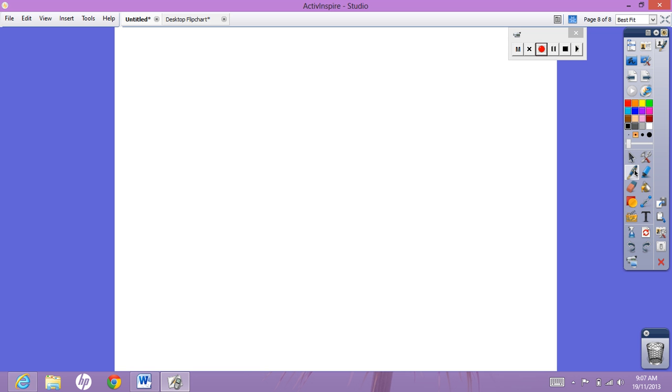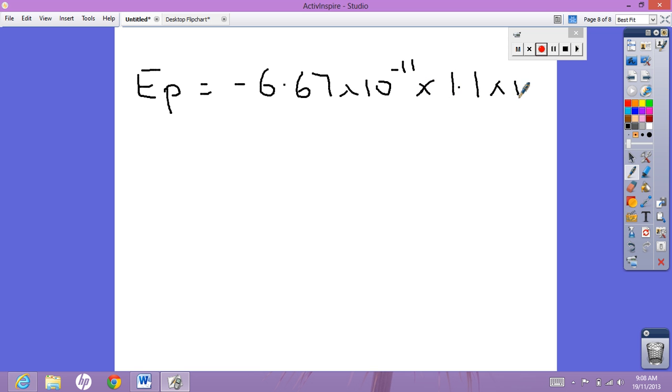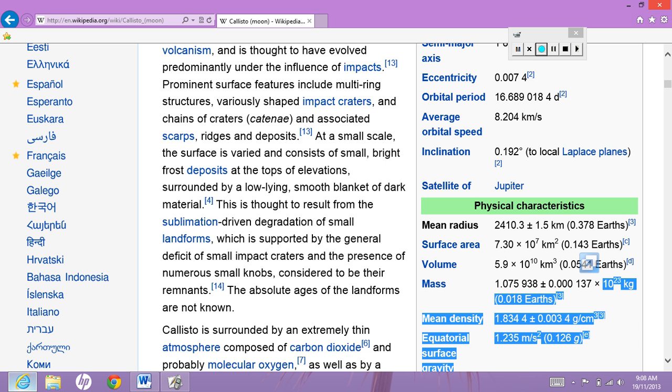So EP would equal minus 6.67 by 10 to the minus 11 times the mass of the planet, which is 1.1 by 10 to the 23, times 60, all over the radius, which is 2,410.